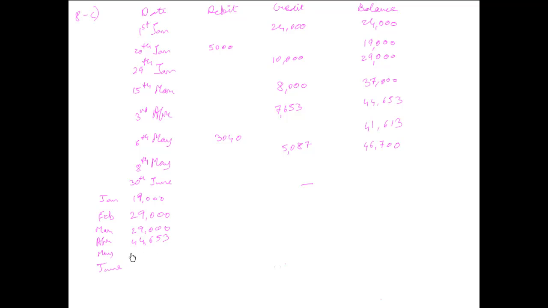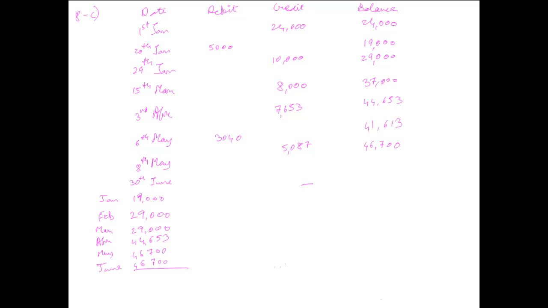May, we've got 46,000. May 6th is 41,613, and 8th May is 46,700, so we can take 46,700. And there's been no entry till the last part of June, so we'll take 46,700, children. So now we will add all the entries.